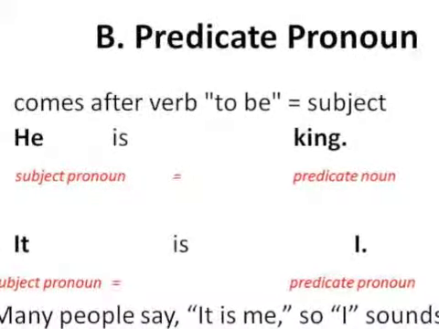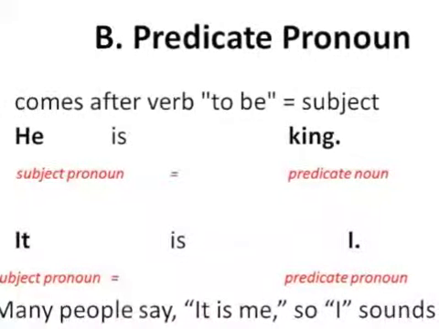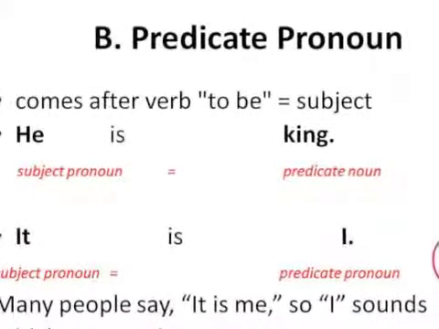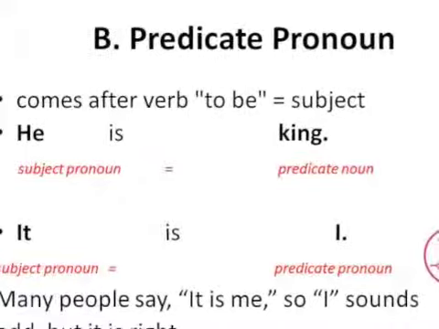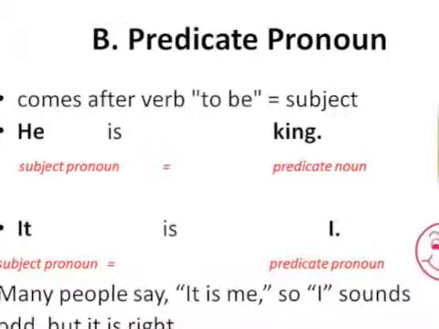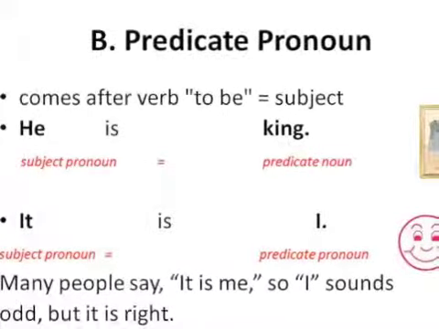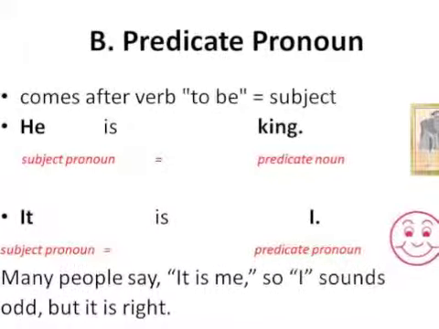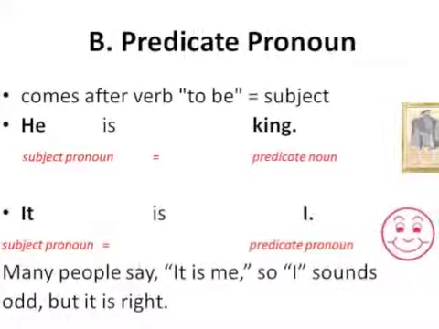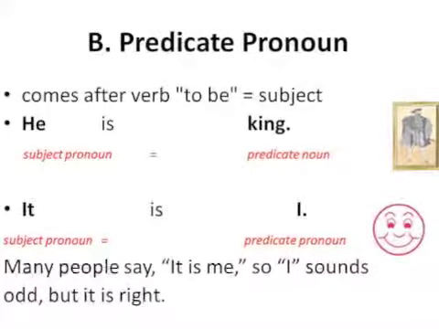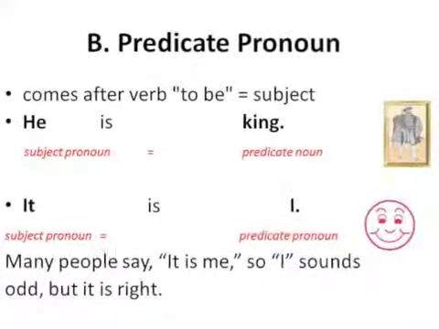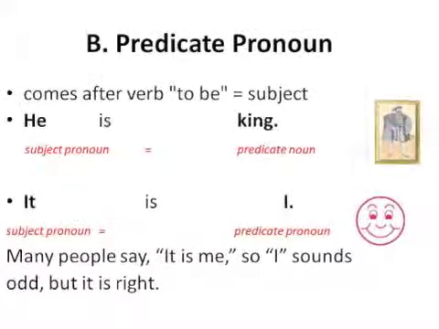Similarly, it is I: it is the subject, is is the verb, and I is the predicate pronoun. Many people say it is me, so I may sound strange. It is she who called. It is he who bought the new book.